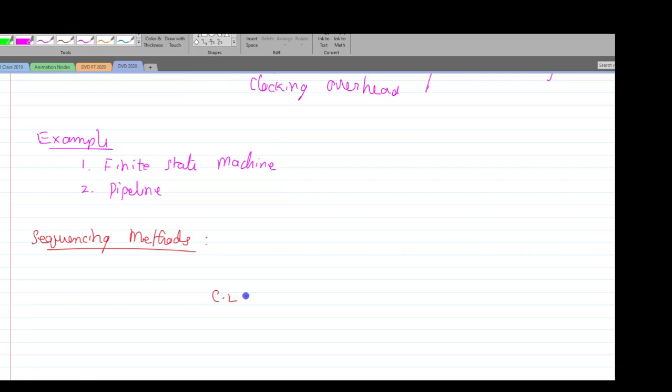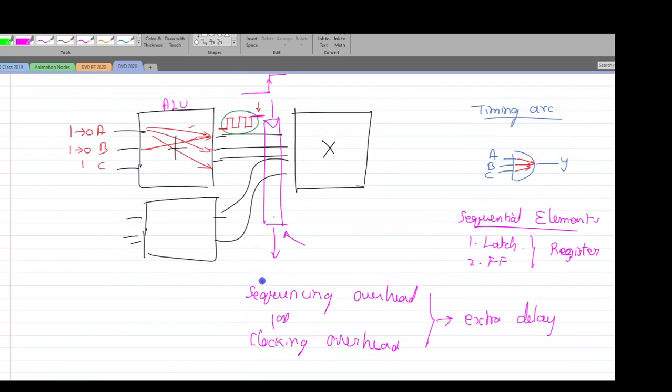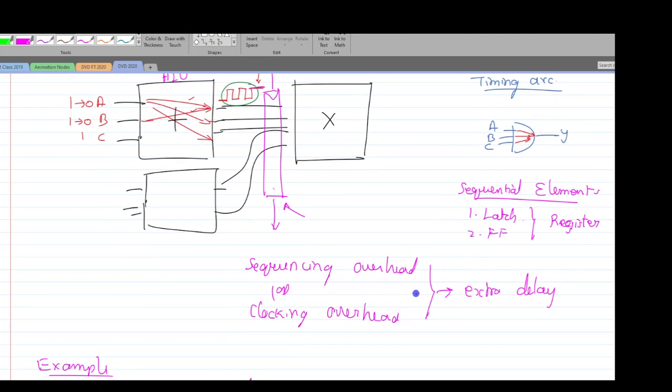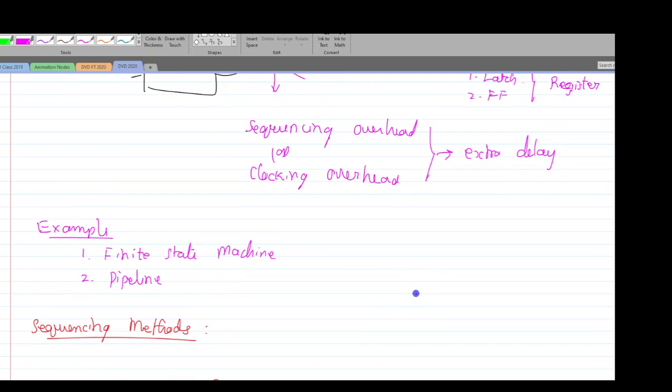As I said before, the system in general is composed of two components: a set of combo logics and a set of sequential elements. This sequencing method gives us a means by which one could put the combo logic and the sequential logic together so that the entire system can function without any failure.